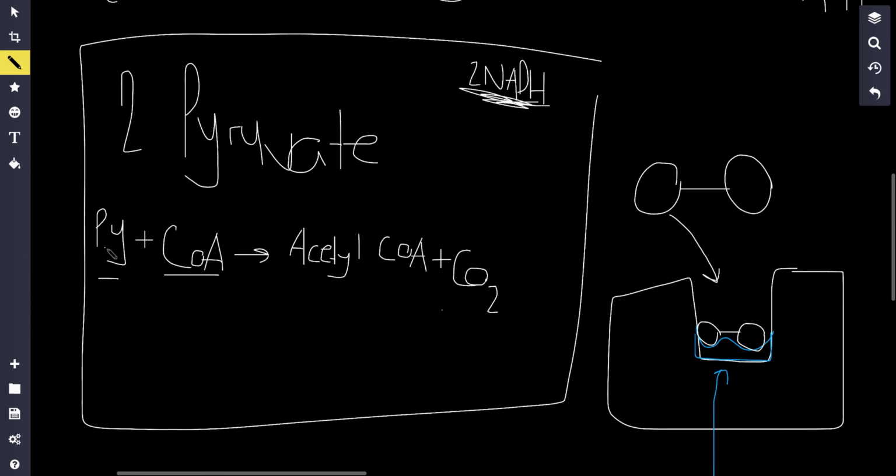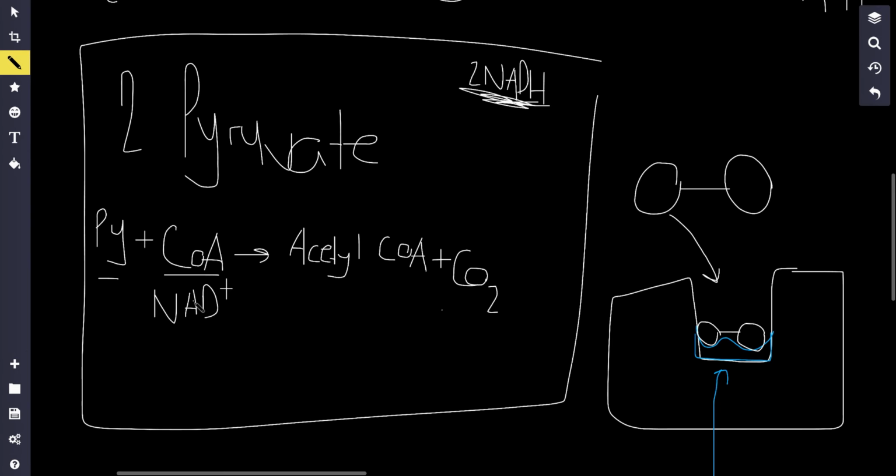So pyruvate is going to react with coenzyme A to form acetyl coenzyme A, and it's going to release CO2. So this is the step where CO2 is released. In addition, you're going to have NAD plus, because remember, this is pyruvate oxidation. Pyruvate is being oxidized. It's losing electrons, so something has to gain those electrons.